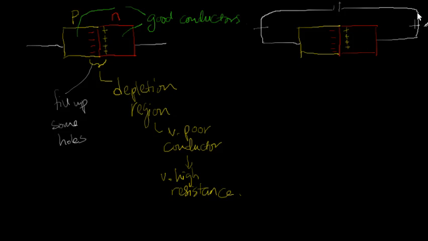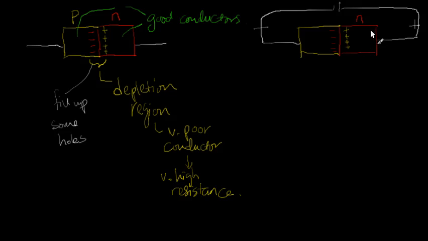Now this is the positive pole, and we have here the n-type material. Now the positive pole here means that the n-type material has extra electrons which go into the conduction band.